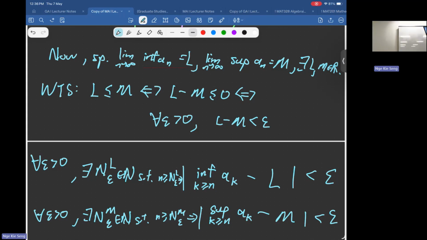So you see, you got these two things, and then you got this L minus M to find. So what trick can we play here? You want to get from here to here, right?